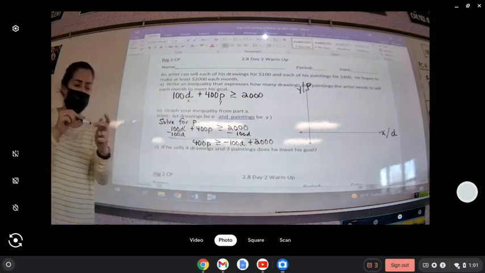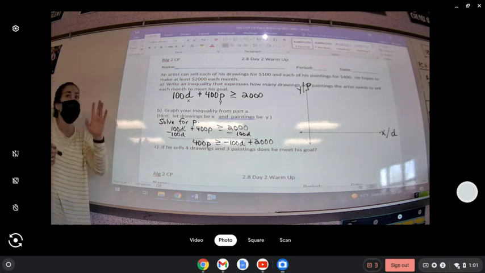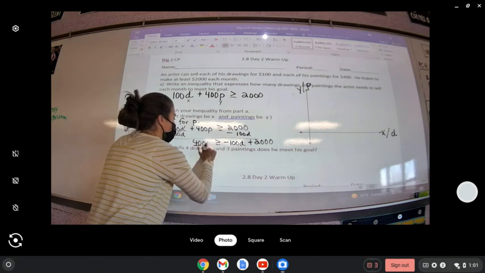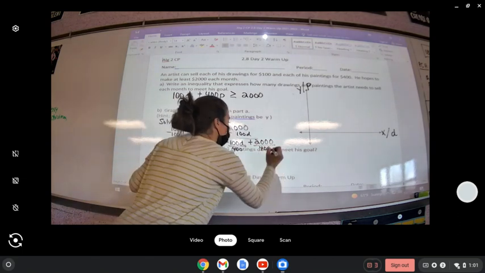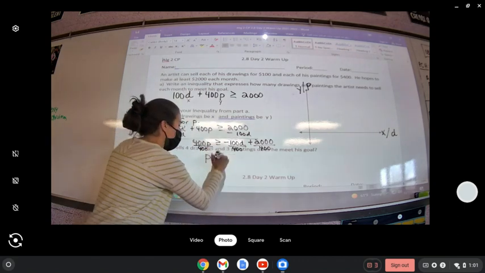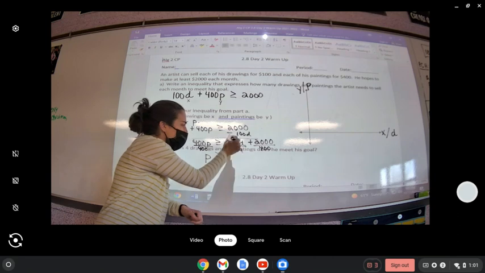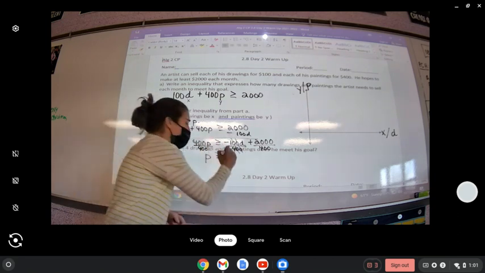What's the only thing you have left to do to get P by itself? Divide by 400, which is positive, so do not flip that symbol. All right, so now we get P is greater than or equal to, guys, get rid of some zeros. Zeros cancel, zeros cancel. This reduces to negative 1/4 D.